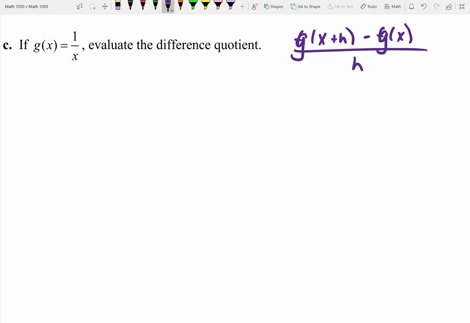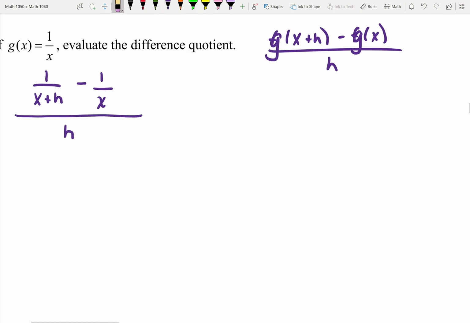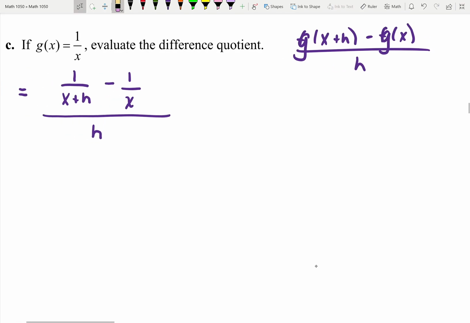Now this is going to be kind of tough, so just hang tight. Just stay calm. Okay? So this is 1 over x plus h, minus that g of x, which is 1 over x, and the whole thing is over h. Okay? Now, this is why you might want to watch this fraction video that I have on Canvas.